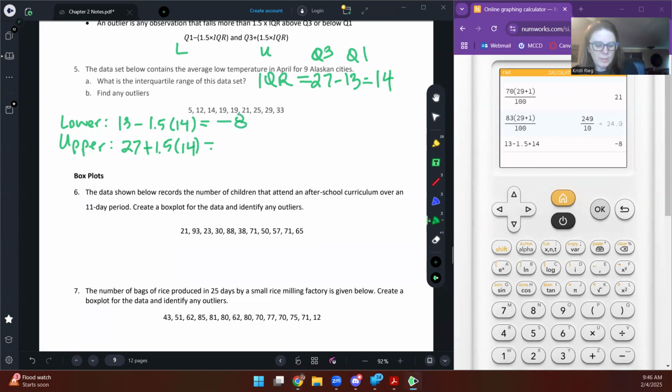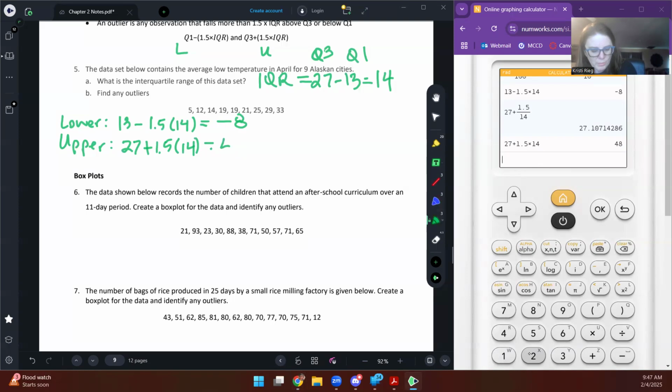There's no rule against negatives in outlier calculation. And then we have 27 plus 1.5 times 14, and we get 48.